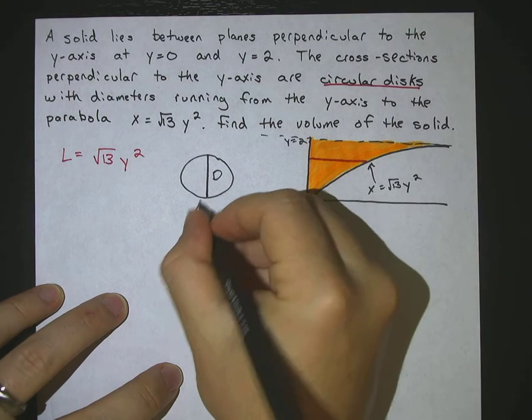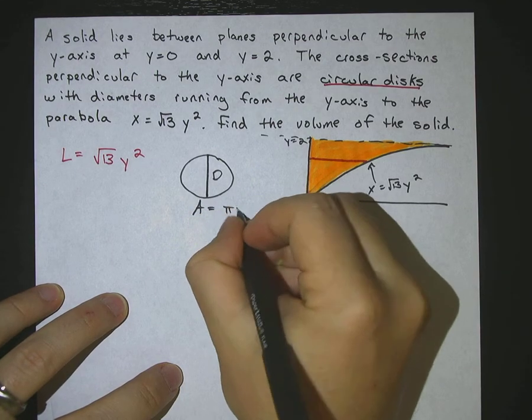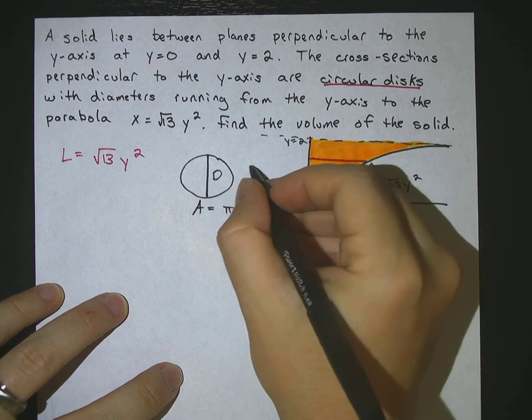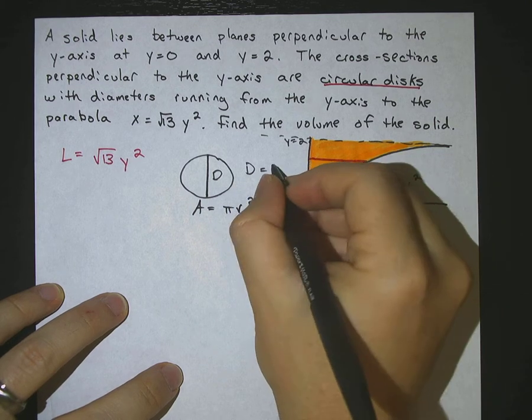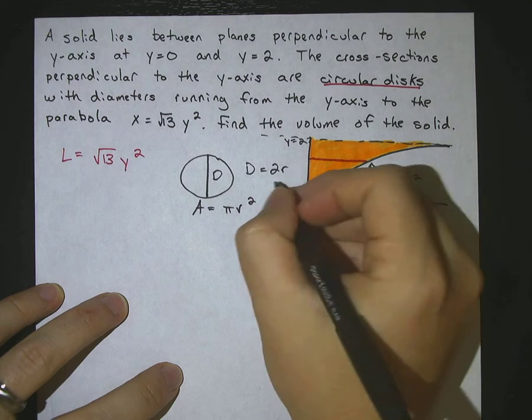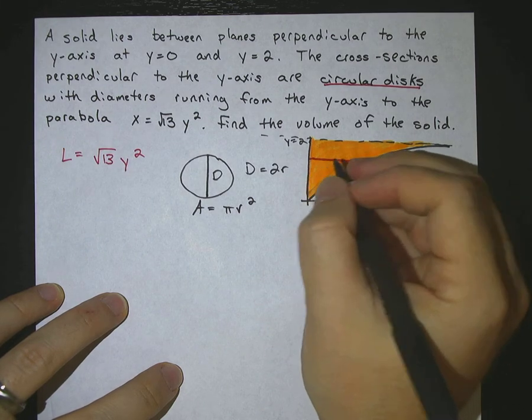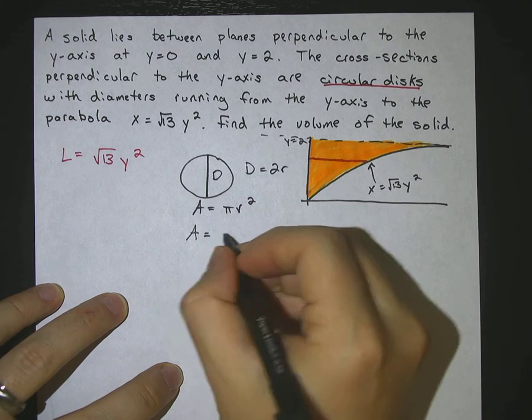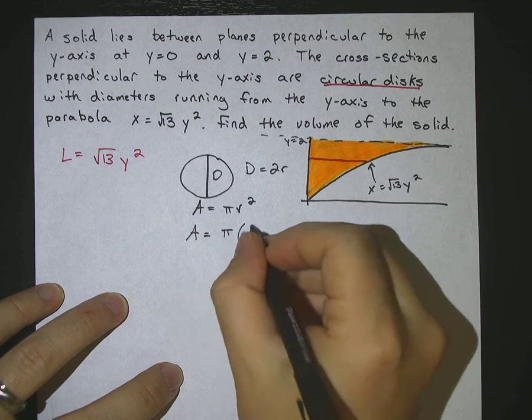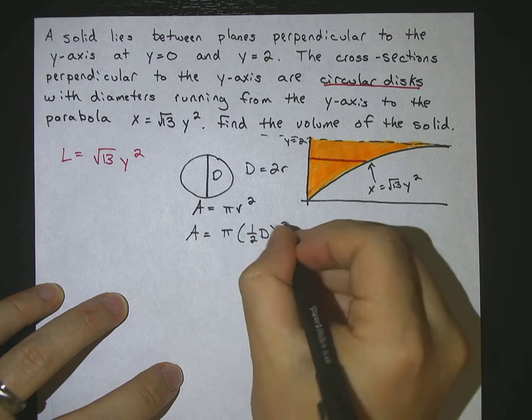Well, we know that the area in general is pi r squared. Okay, d is equal to 2r, right? So divide that over. That means r is equal to a half of d. So substitute that in. A is equal to pi times half of d squared.